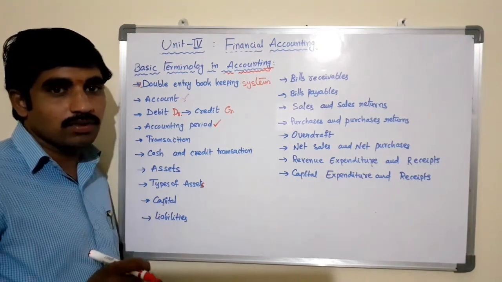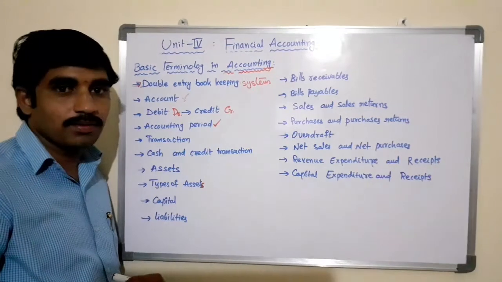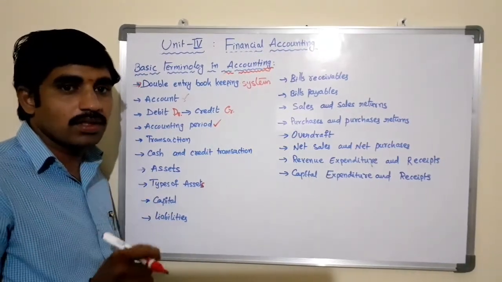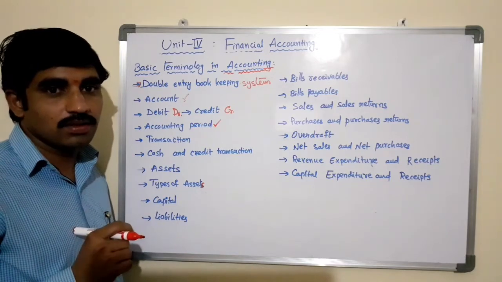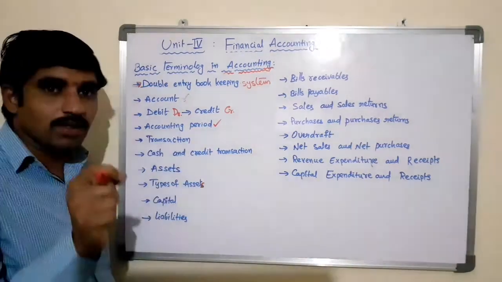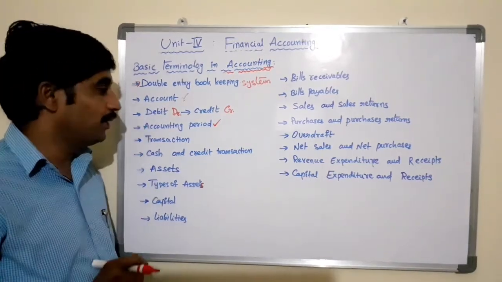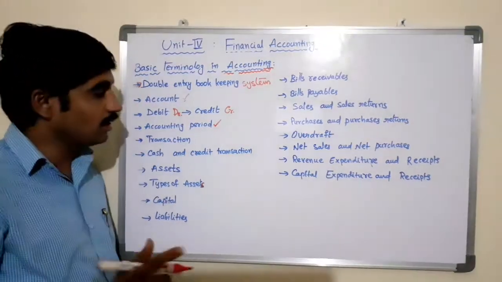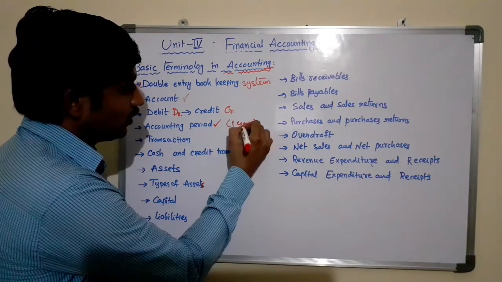At the end of the accounting period, the accounting year is known as the accounting period. Generally, this accounting period consists of 12 months, that is 1 year.